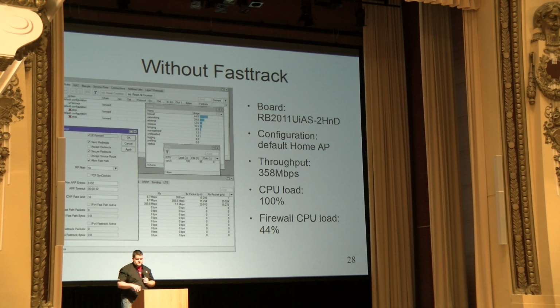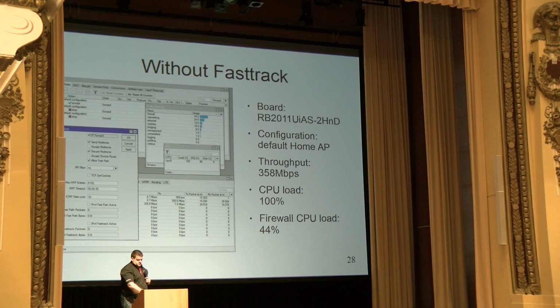RouterBOARD 2011, default home IP configuration. The throughput that we managed to get through it before fast track was 358 megabits per second. CPU was 100%. And if you take a look at what's eating up CPU, 44% was firewall.